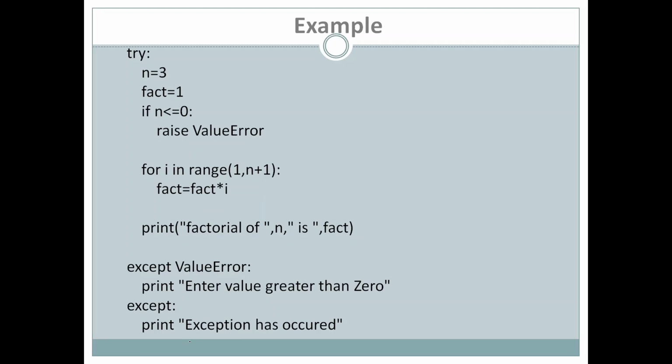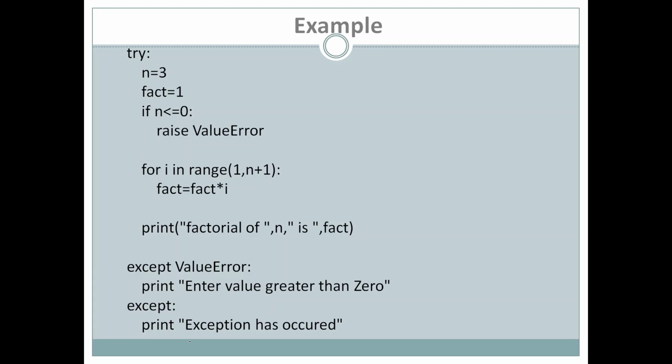Okay, let us look at one example here. This example calculates the factorial of a number, but in this example we want to raise an exception whenever a user enters a value which is less than 0. We cannot calculate the factorial of a number if the value is less than 0.